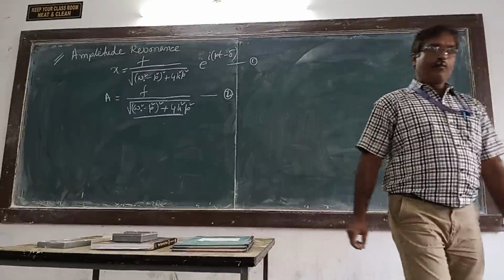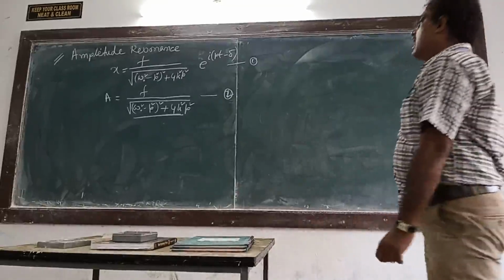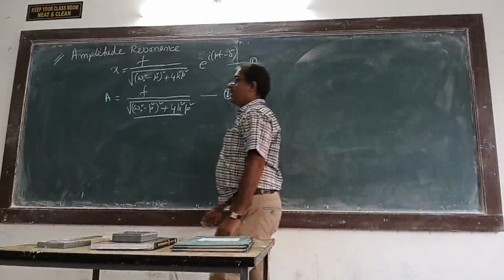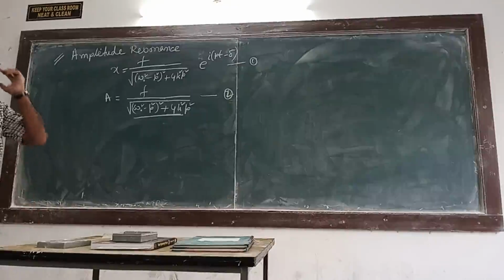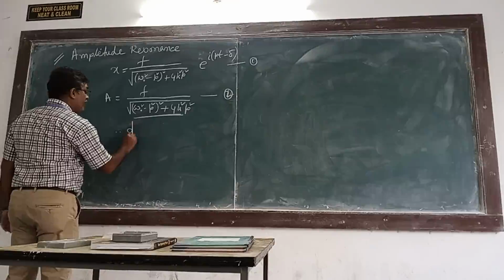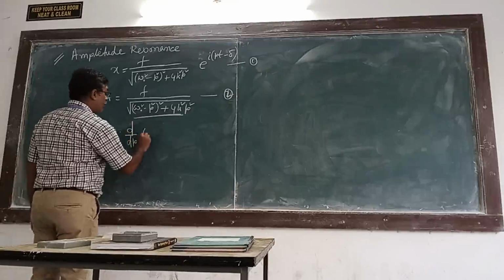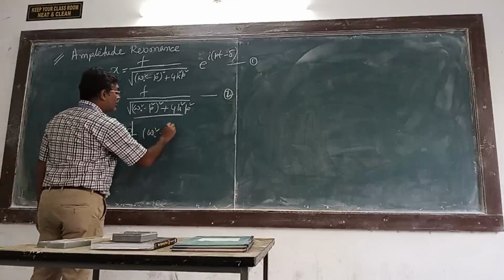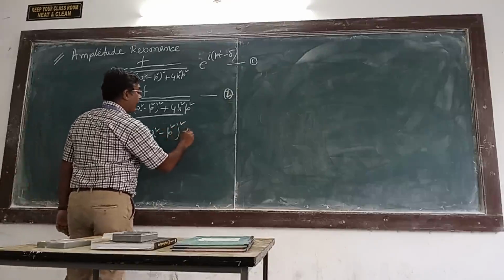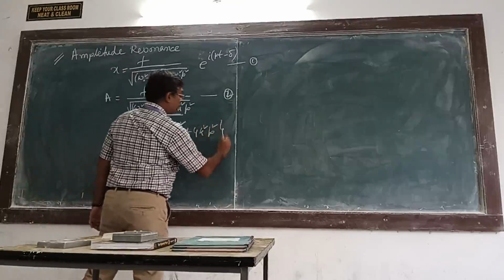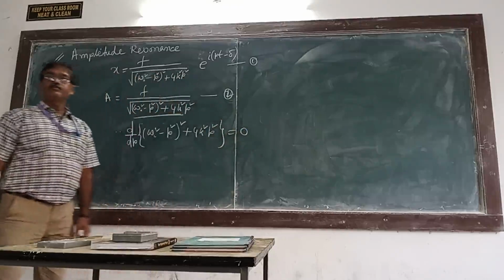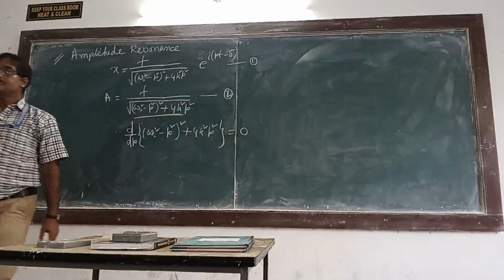Therefore, d/dp of (omega 0 square minus p square) whole square plus 4 k square p square equals 0.